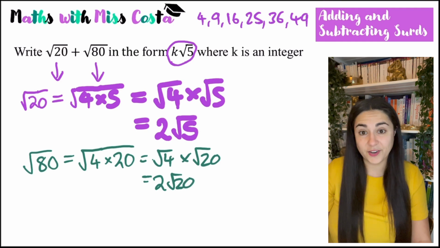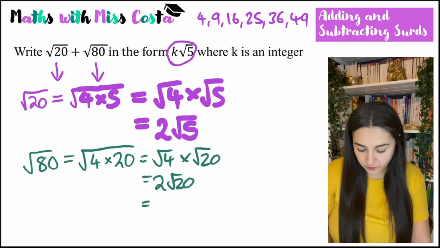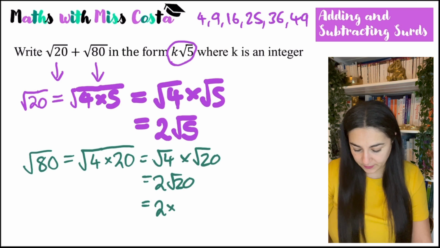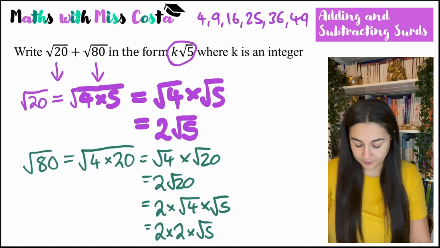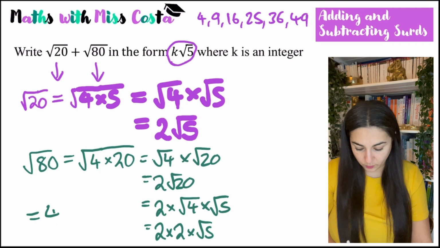Now what we could then do is split up root 20. So that would give me 2 times root 4 times root 5. And what's root 4? Once again, that's 2. So that would be 2 times root 5. So that would give me 4 root 5. So square root of 80 is 4 root 5.